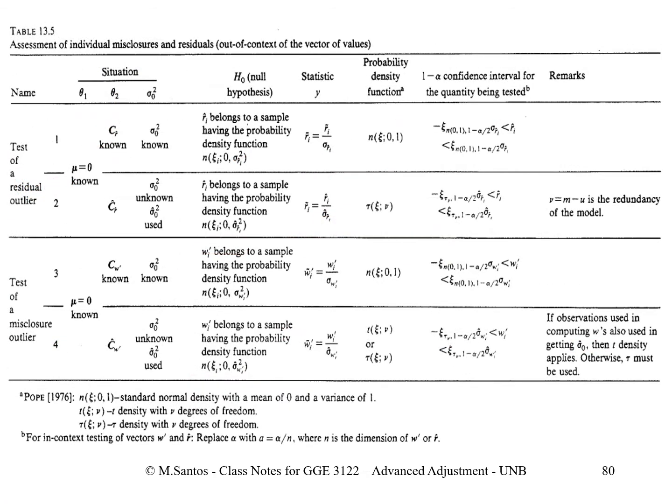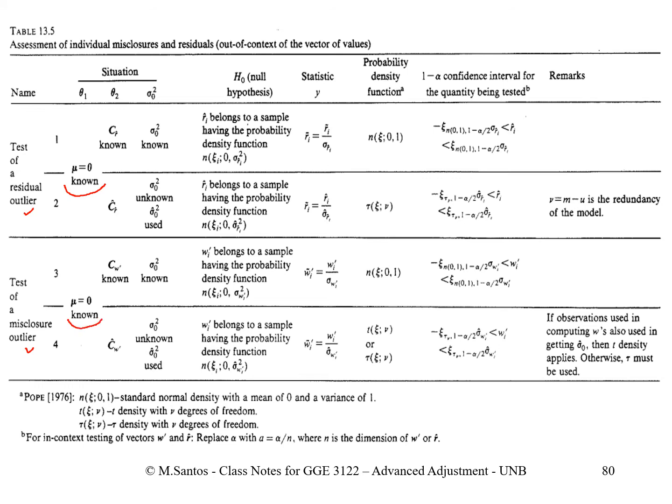The other table deals with the tests on outliers. Okay, so we have residuals and we have misclosures. For residuals, we expect the mean to equal 0.